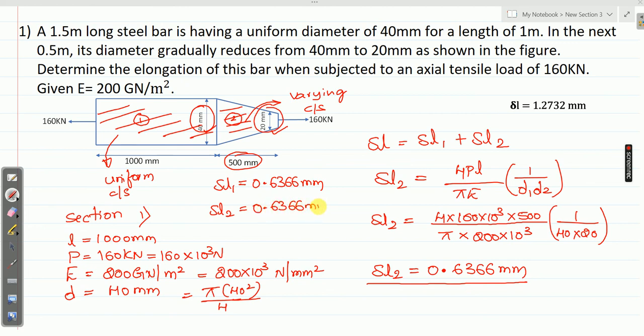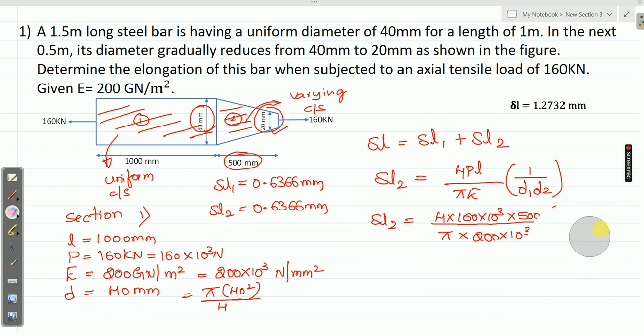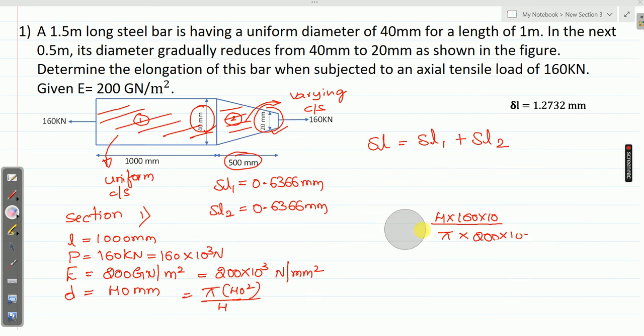Once you know the elongation for section 1 and section 2, it is easy to calculate the total elongation.